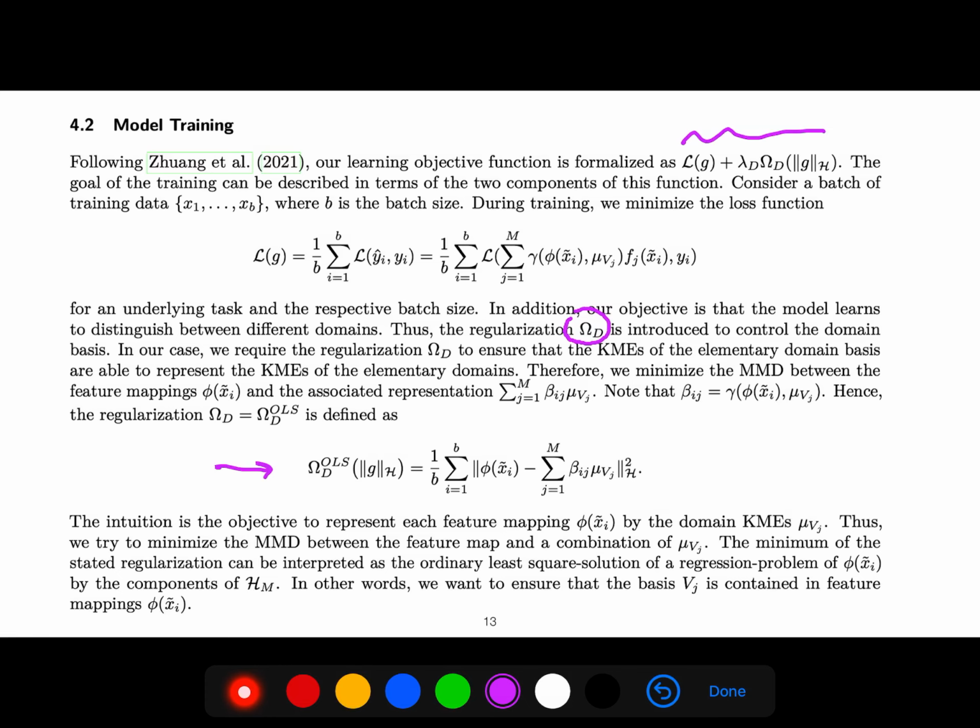So we require regularization to ensure the KMEs of the elementary domain bases are able to represent the KMEs of the elementary domains. Therefore, we minimize the maximum mean discrepancy between the feature mappings and the associated representation.